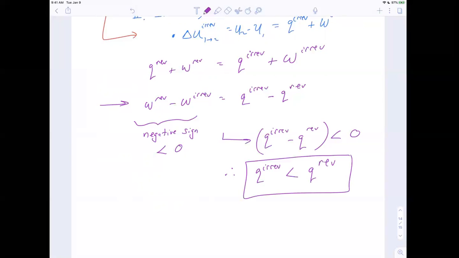And so we have W reversible is less than W irreversible. We already saw that from earlier. Now we have this new result. But that's not really new because it's just a corollary or a consequence of the fact that delta U is path independent and the relationship between W reversible and W irreversible. So any questions on that?